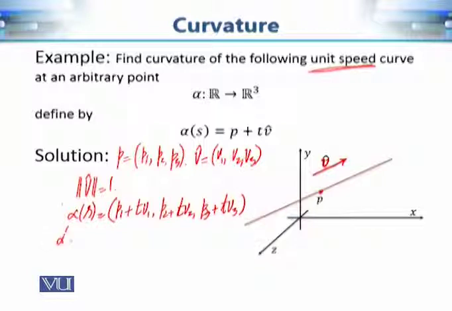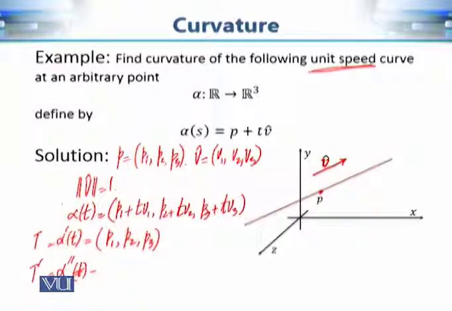Now what is alpha prime? Sorry, let me use the exact same parameter, so alpha prime of t. Alpha prime of t is going to be equal to (v1, v2, v3). Then what is going to be alpha double prime? Since alpha prime is t and we want to calculate t prime, this is going to be alpha double prime of t, which is equal to (0, 0, 0).